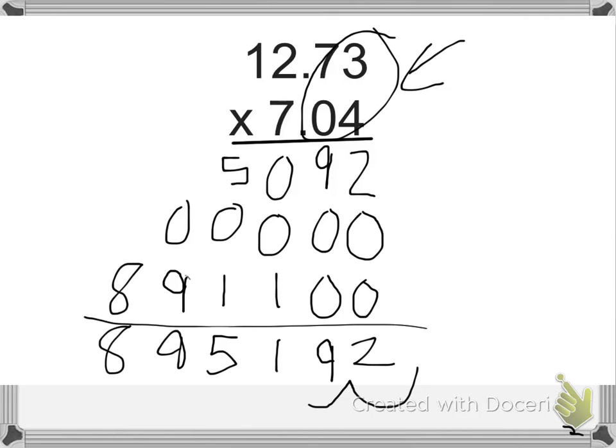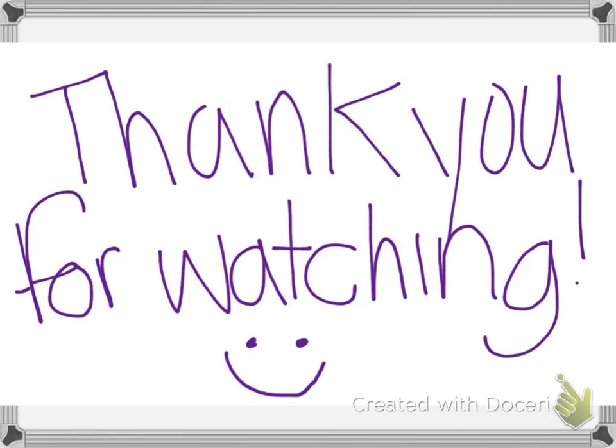So 1, 2, 3, 4. So that gives you 89 and 5192 ten-thousandths. Thank you for watching.